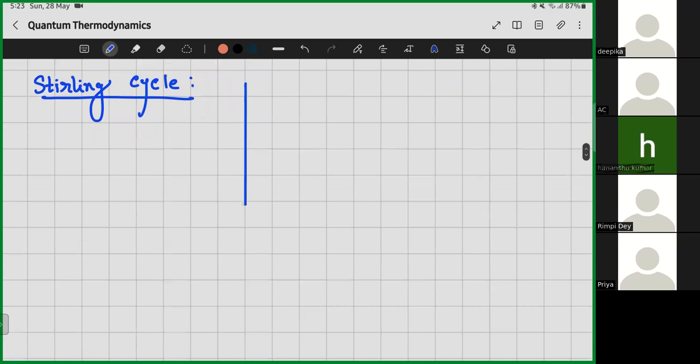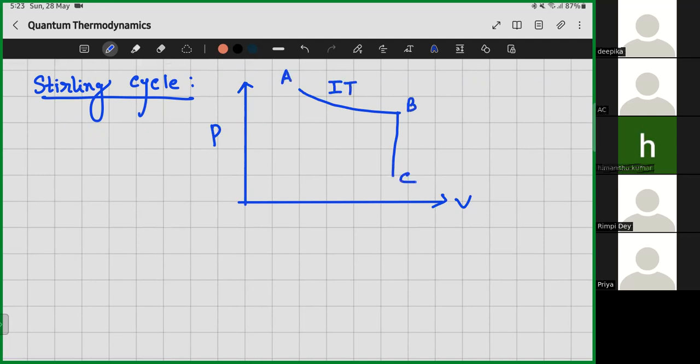The Stirling cycle is the same as the Otto cycle, just the adiabatic strokes are replaced by isothermal strokes. This is isothermal, isochoric. This is the Stirling cycle.